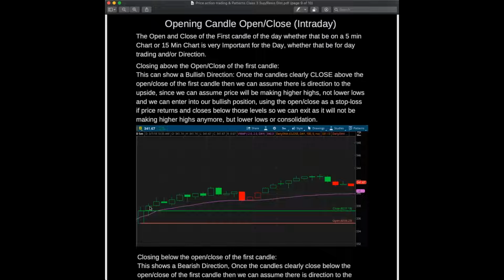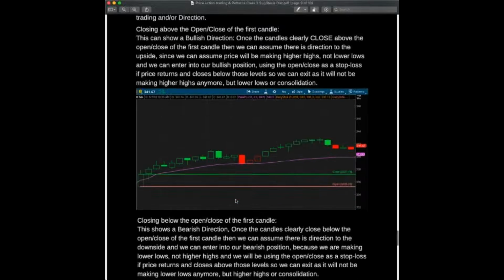So here you could enter a position if you liked and use 337.19 as a stop loss. If you would have done that, it would have been great because it continued to trend up right after the second candle started to trend up.